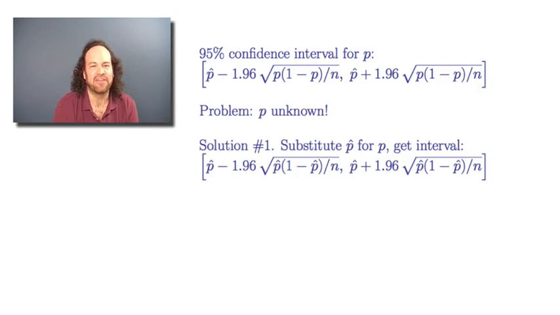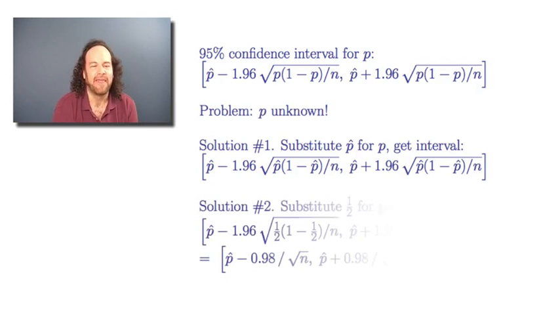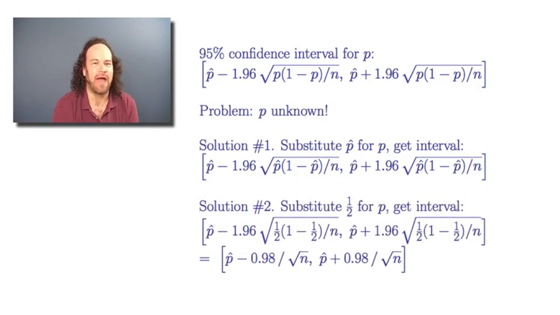Another thing that's done, as we'll see in more detail in the next lecture, is to bound this by substituting in when P is a half, because that's the widest interval we could get. That gives us a slightly wider confidence interval, so we're being a little bit cautious or conservative, but it's very useful, and this is what's often done.